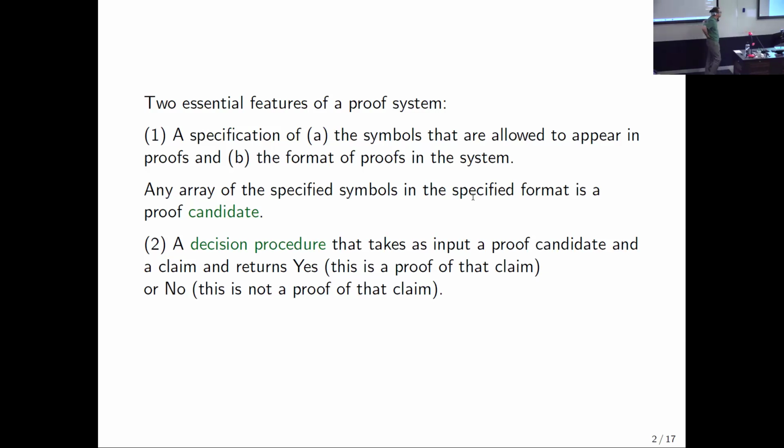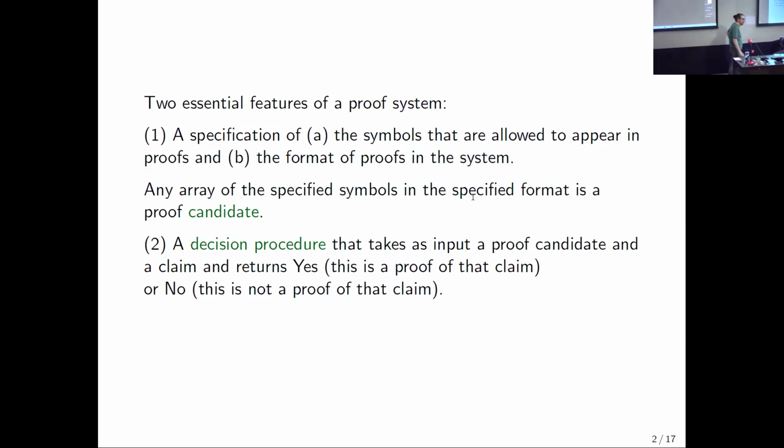One is that it involves a specification of the symbols that are allowed to appear in proofs, and of the format of a proof, how these symbols can be arranged to form a proof. Given those two things, any array of those allowable symbols in that allowable format is what I would then call a proof candidate.